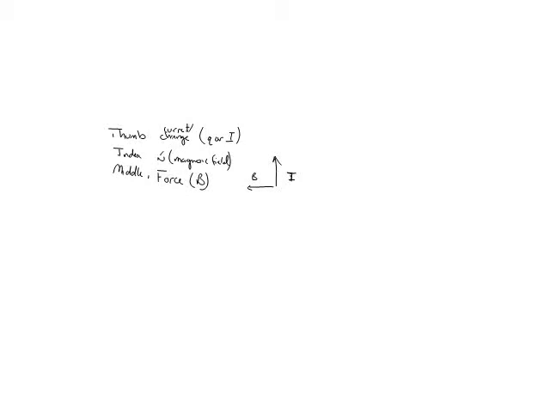It's 3 dimensions, perpendicular. One points one way, this one's 90 degrees, and this one's 90 degrees to both of them. So if this is I and this is B, your force is going to be upwards.